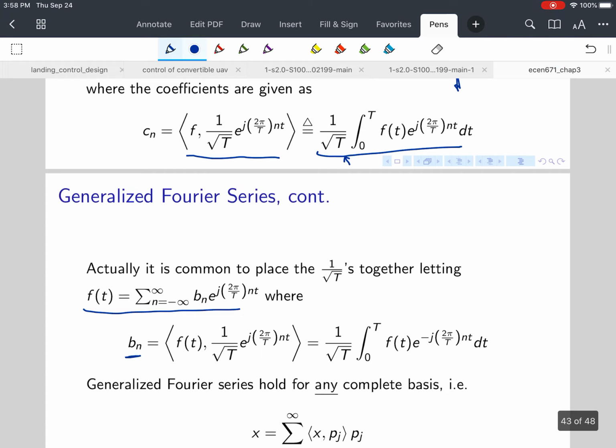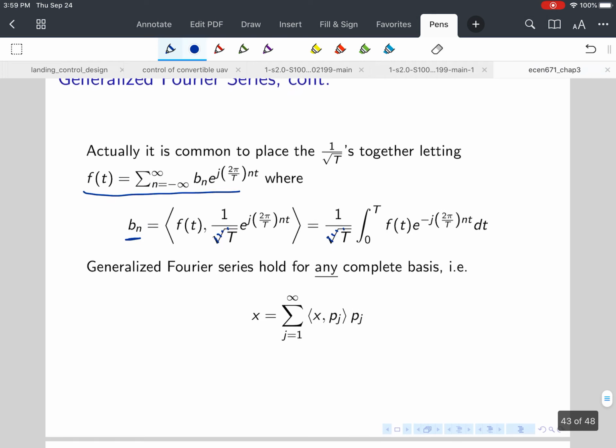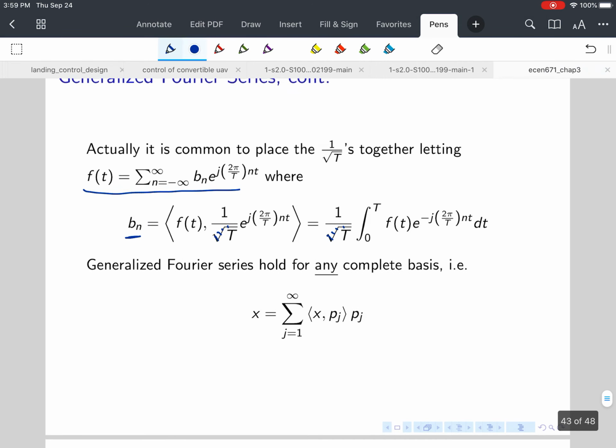Oh, I see, there shouldn't be a square root like that. I'm sorry, it will be just 1 over T. All right, well, anyways, this is only one example of a Fourier series, or a complete Fourier series.